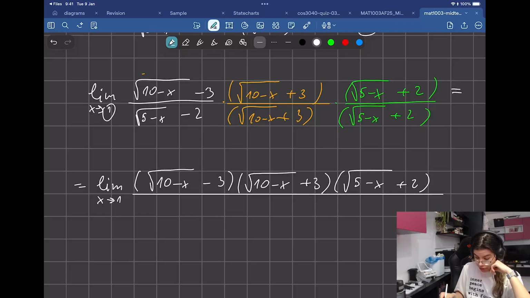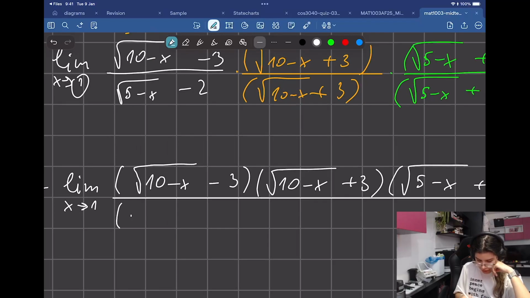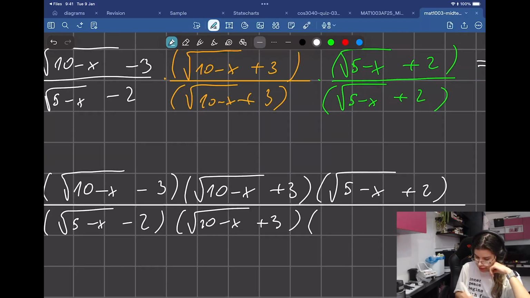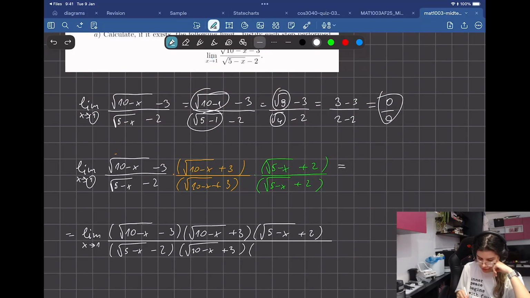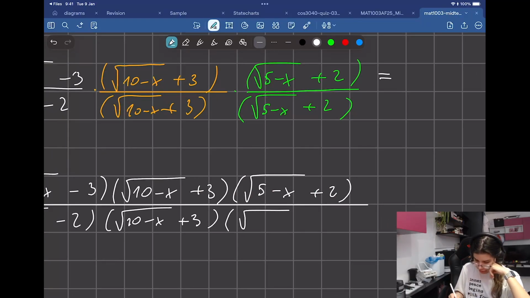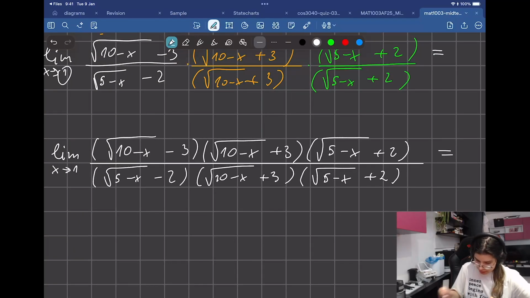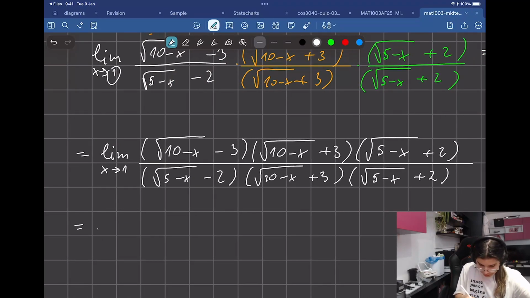And then for the denominator, I'll have square root of 5 minus x minus 2 times square root of 10 minus x plus 3 times, by the way, I'm just copying from above, nothing fancy here. I just copied this part, and now I'm copying the lower part, the denominator, right? So I have square root of 5 minus x plus 2, okay? We keep going, we write the equal signs, the limit as well.